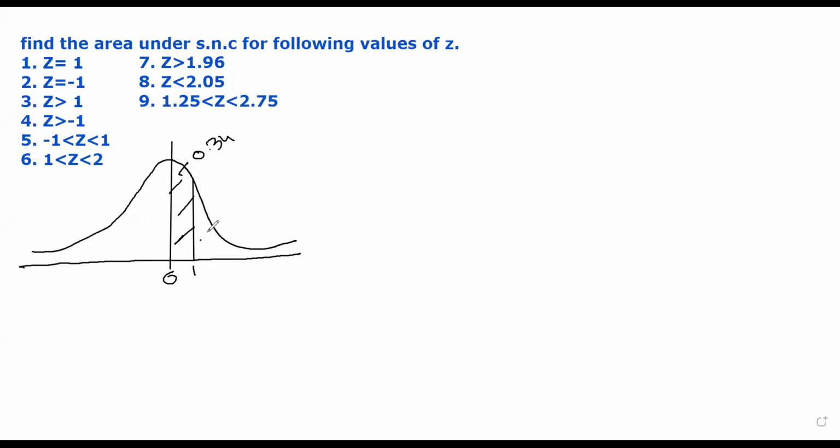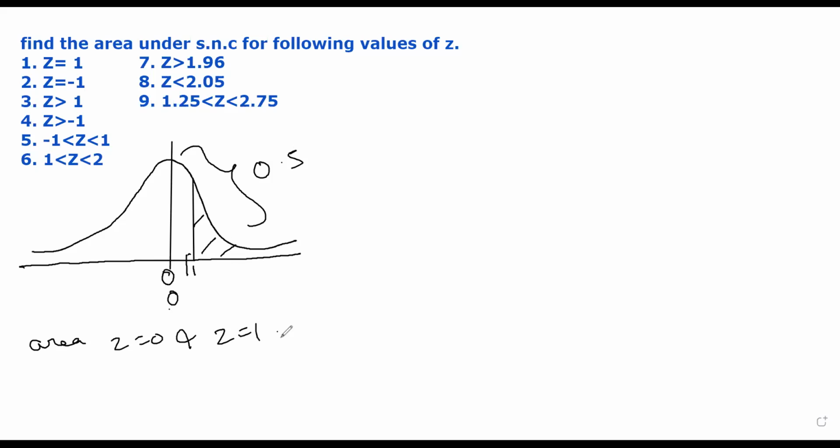That is, I want this area. Now how to find out this area? We know very well that this is 0.5. And from the last sum, we have found that this area, that is area between Z is equals to 0 and Z is equals to 1, was 0.3413. But we don't want that. We want this shaded region.